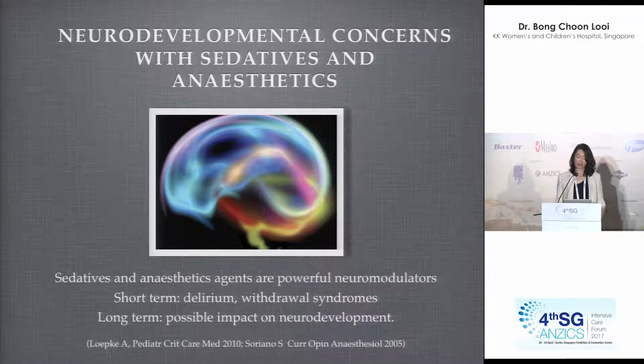In the short term, we can see it in ICU patients in terms of delirium, as well as withdrawal symptoms when these sedatives and anesthetics are stopped. And in the long term, we now have evidence that there's a possible impact on children's and infants' neurodevelopment.